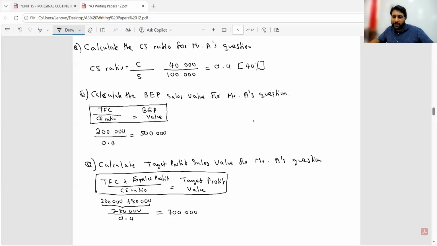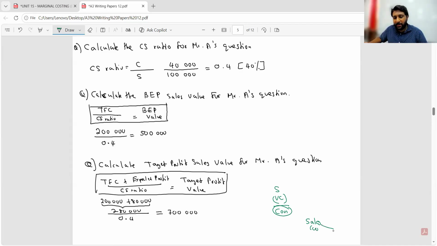No, contribution means what, Huda? Contribution means sales minus the variable cost. CS ratio means, from your sales, what's the portion of the contribution?